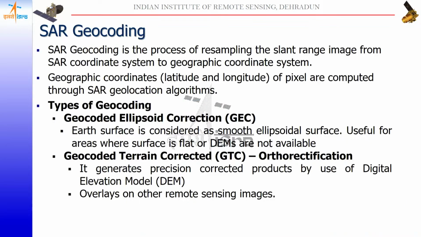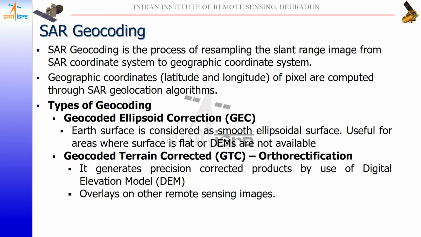Now once we know the pixel location in a SAR image, if we are able to calculate the latitude and longitude of it, then that latitude and longitude will be used to project the image on the ground. So what is SAR geocoding? SAR geocoding is the process of resampling the slant range image from the SAR coordinate system to the geographical coordinate system.